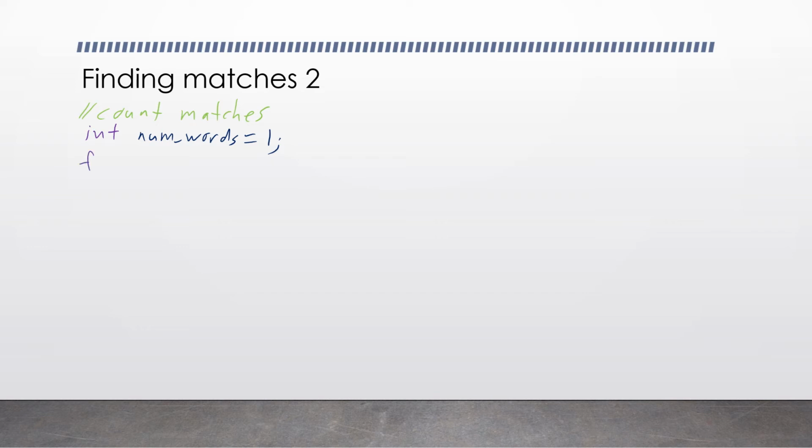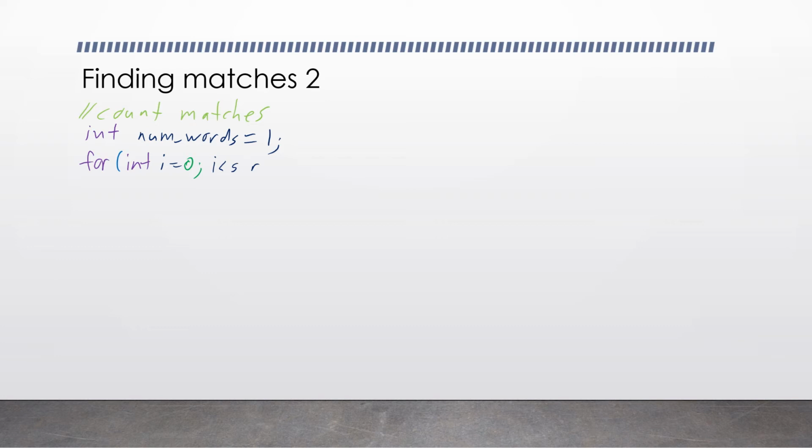And then we'll say for. We'll use the standard C for loop this time. Int. It's common to call this i for index. Okay. i starts at 0. i less than we'll call our string str.